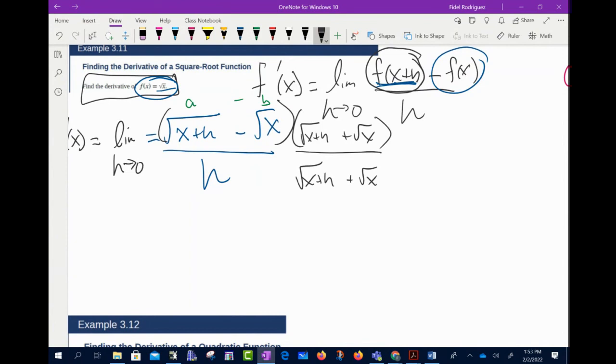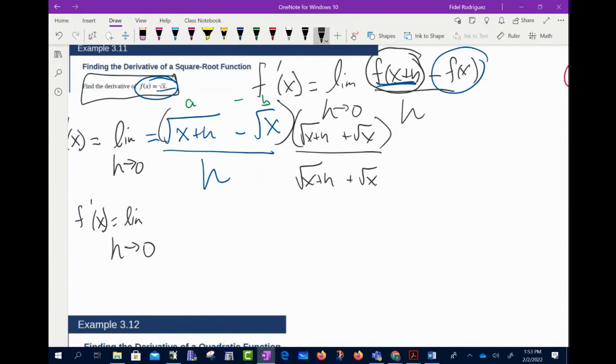Okay? Because that is the a. You're not changing the a. You're only changing the sign in the middle.